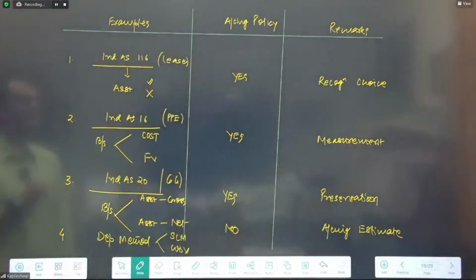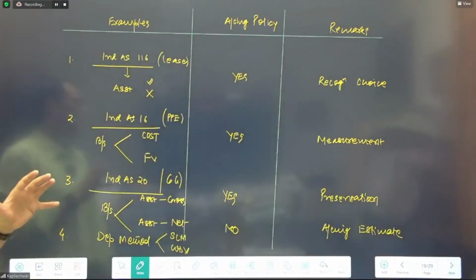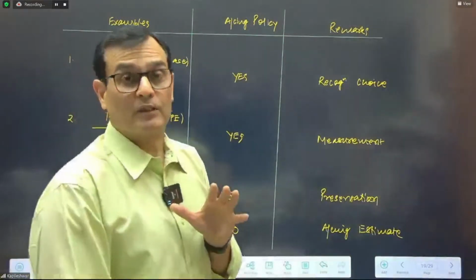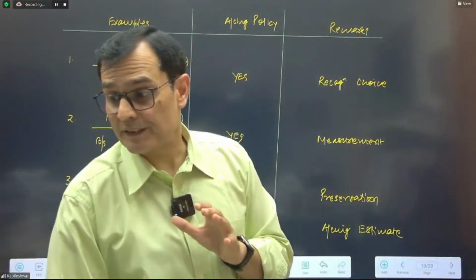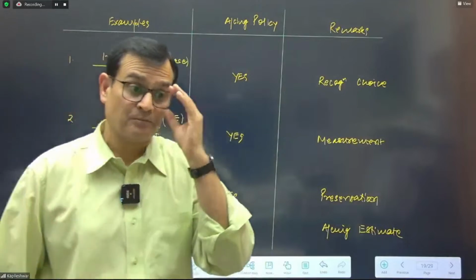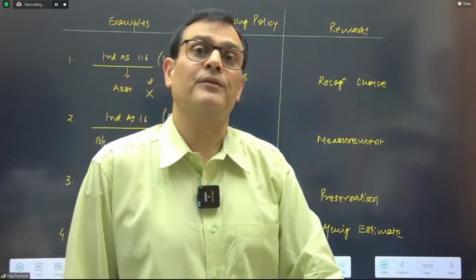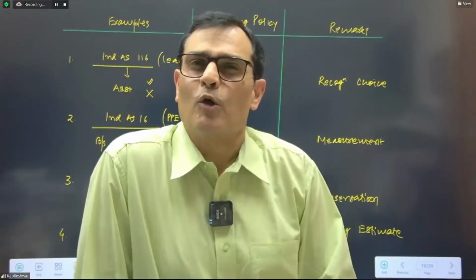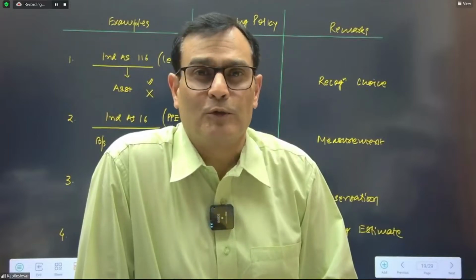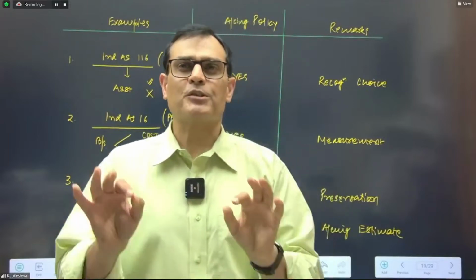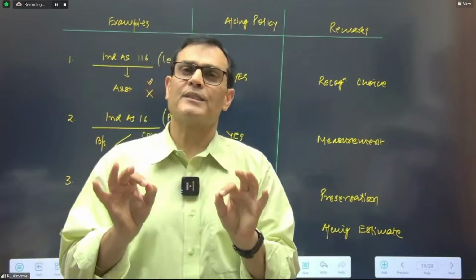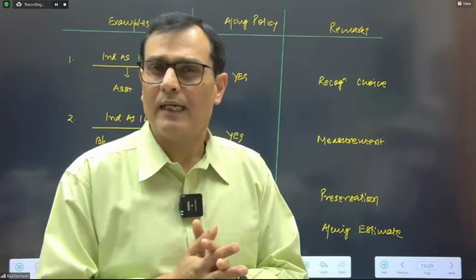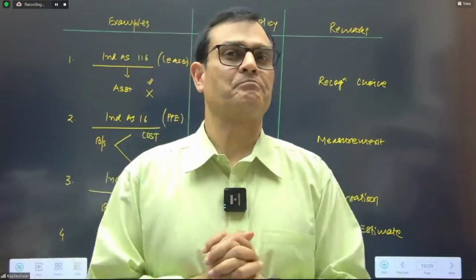Wow. So I think I've given you a couple of examples, a chart, so that you're clear on the parameters of deciding whether it is an accounting policy or not. So next time when you look at things, you've got some more concrete data. I hope you're pretty clear now today.